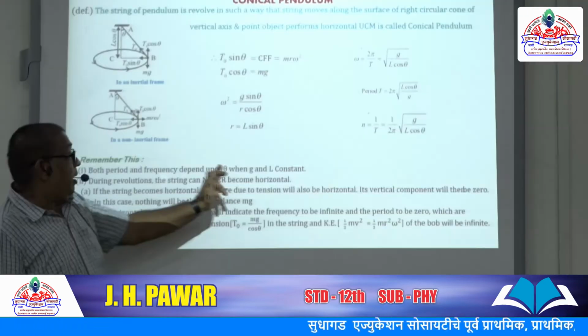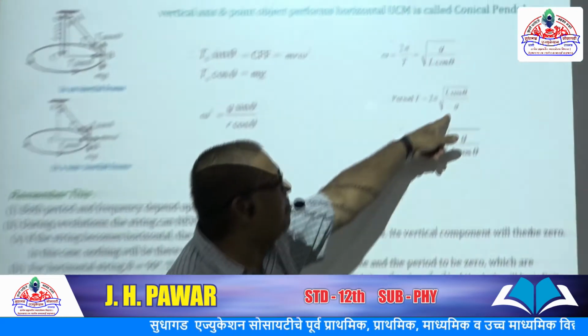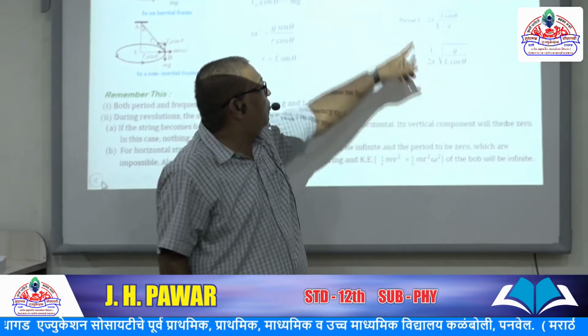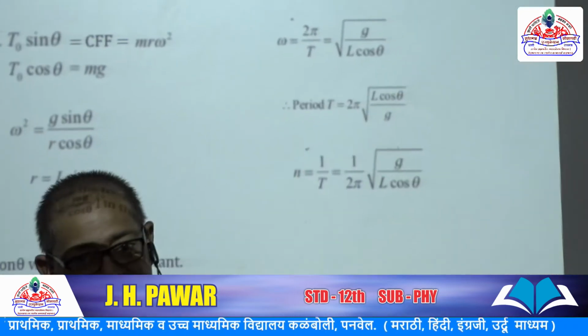Suppose we consider both g and L constants. g is constant at any place and I am not changing the length of the conical pendulum. Then what happens? The period depends upon the theta, or the cos theta term.